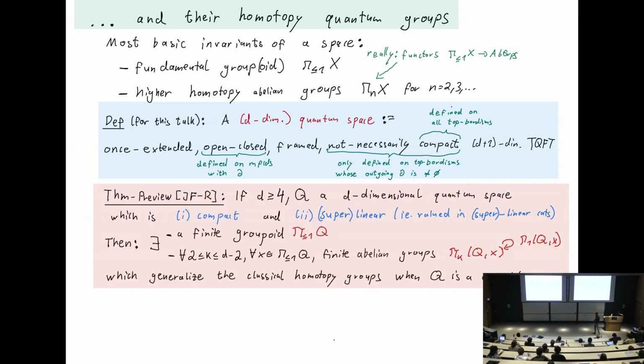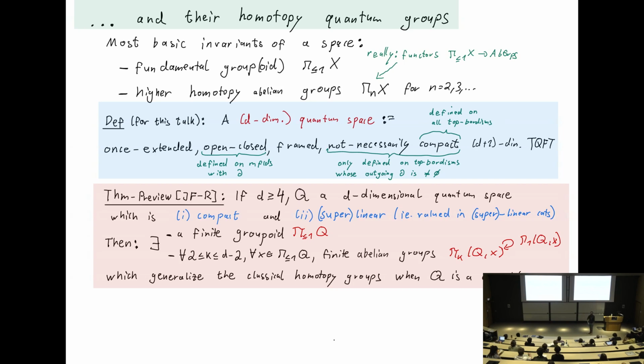Okay, and here's a preview of the theorem that I want to explain a little bit. If I am in dimension 4 or higher, so these are the symmetries of a 4 or higher dimensional QFT, and if I have such a quantum space, and I assume it's compact, so this is the strong finiteness condition that I can really define it on all 4 and 5 manifolds with boundary, I get a linear map. And it's superlinear, meaning it's valued in superlinear categories, functors, natural transformations.